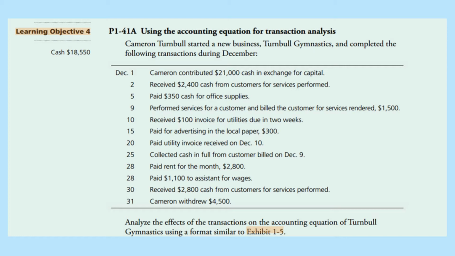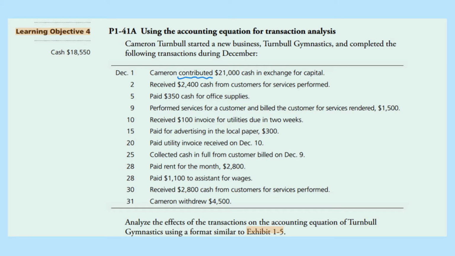So for December 1st, Cameron contributed 21,000 cash in exchange for capital. Now you need to identify what are the accounts affected and are these accounts under assets, liabilities, or equity. So contributed means invested.